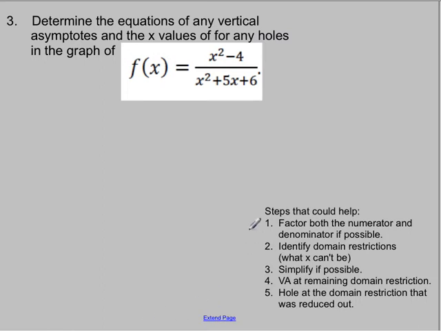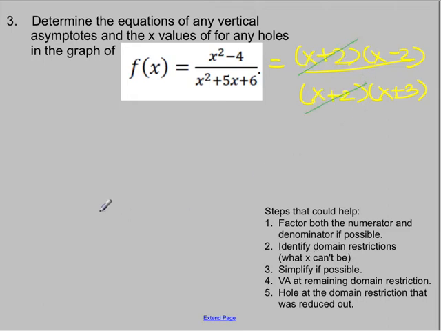Example 3. Moving on to this one. Once again, we always start out by factoring. Difference of perfect squares, so x plus 2, x minus 2, all over. Now I would have to say what multiplies to 6 but adds to 5. 2 times 3 multiplies to 6, and they add to 5. Now does anything cancel?